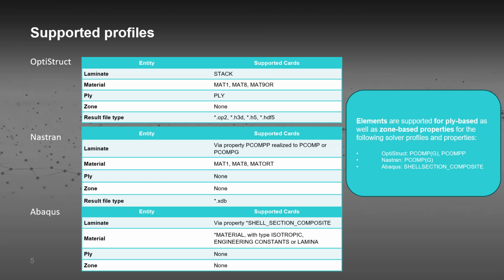And if you do a load response, which is based on the results that you have already retrieved from your solver run, then right now that's supported in OptiStruct and Nastran for the file types listed here. So OP2, H3D, H5, HT5, and XTV.